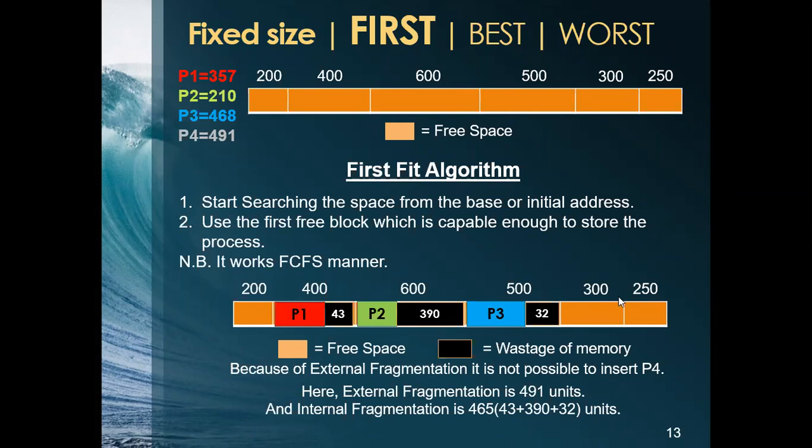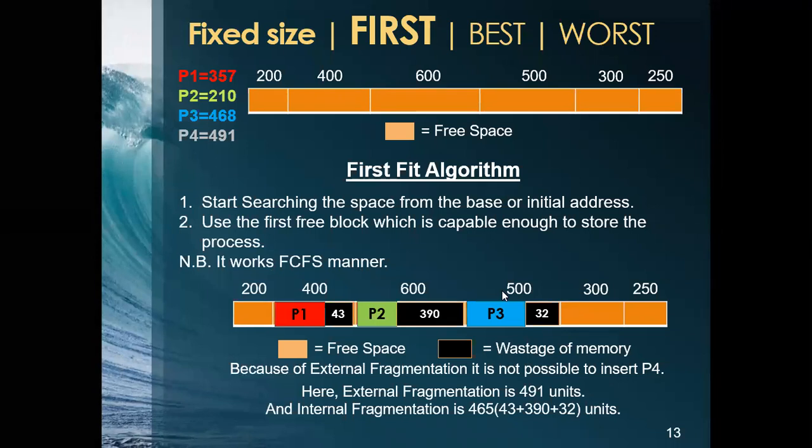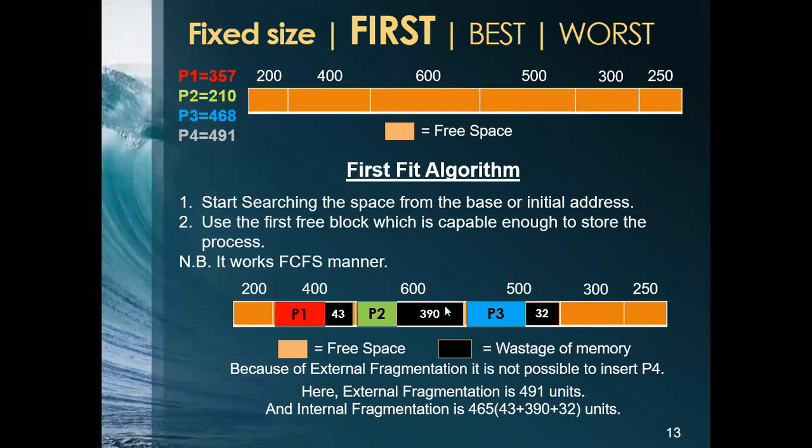So externally, how much memory do we have left? If you calculate that, internally you have lost 350, 390 for this process, 43 for this process, and 32. So this is our internal fragmentation, that is 465, and this is our external fragmentation of 491. So we have this, but we cannot allocate the memory.